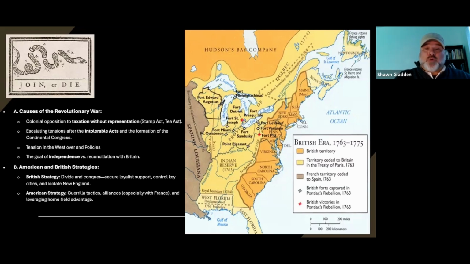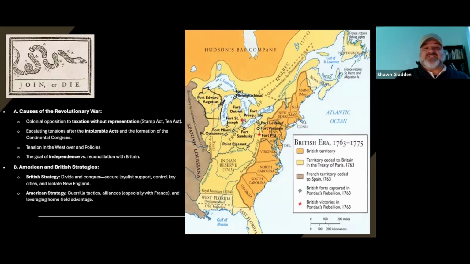Rely on loyalist support, which is about 30% of the colonies, mainly in colonies like New York, Pennsylvania, New Jersey, North Carolina, South Carolina, and Georgia, which were heavy hotbeds for loyalist support for the British Empire.